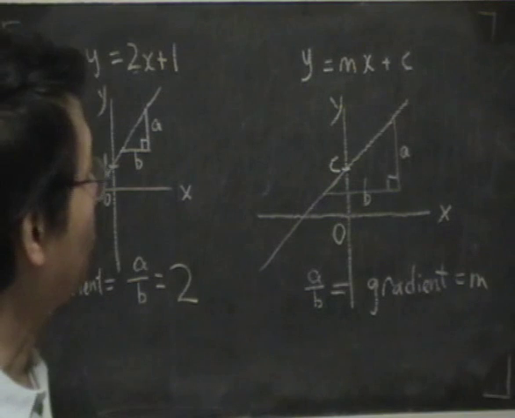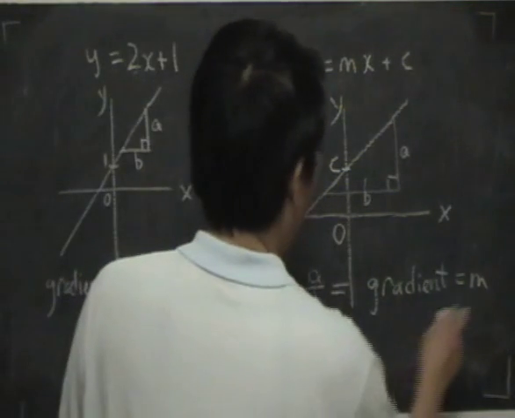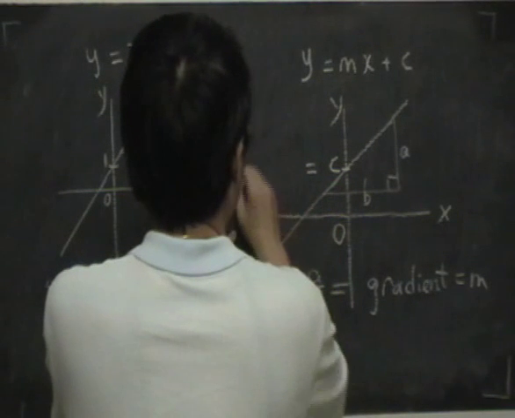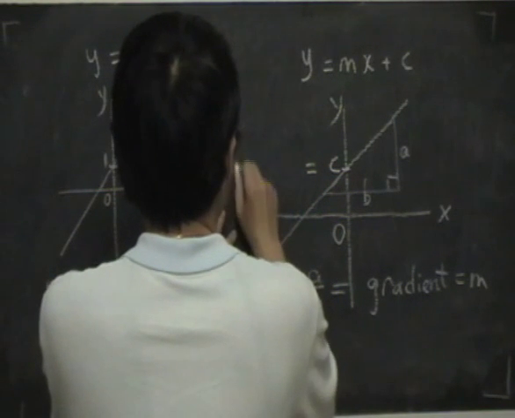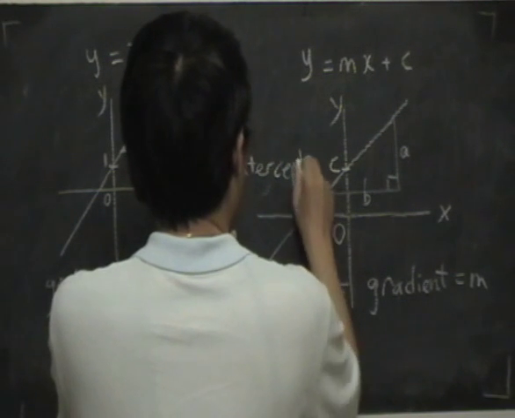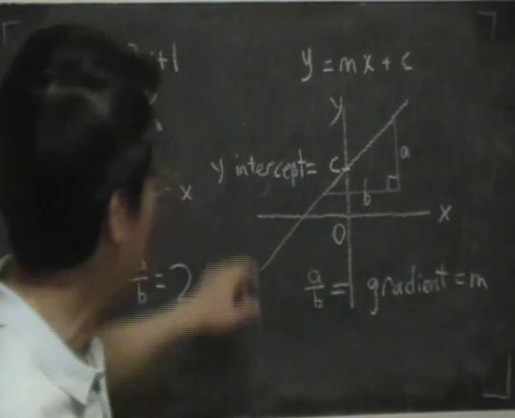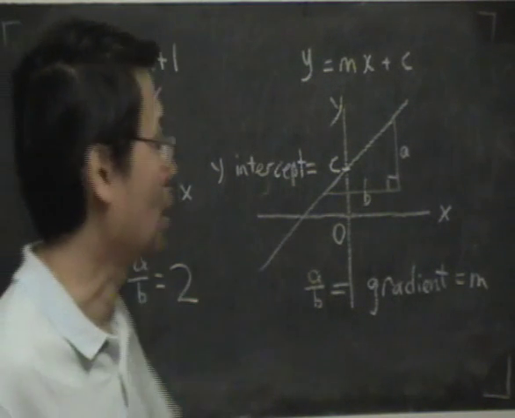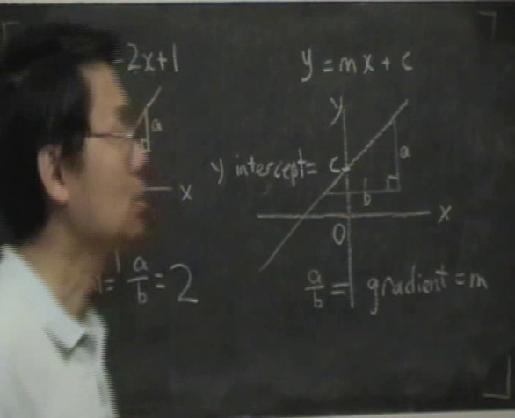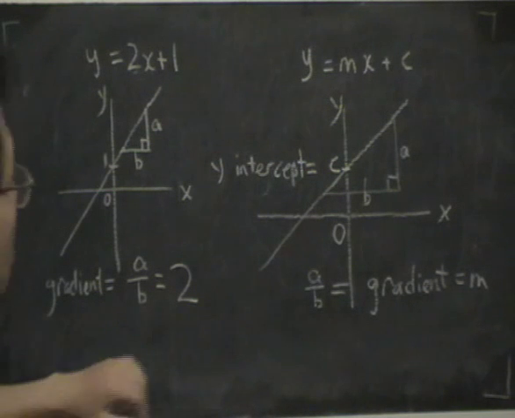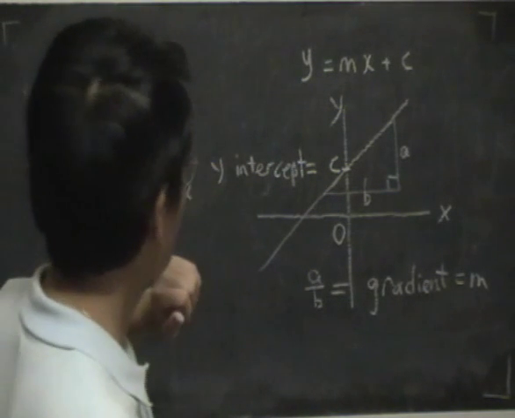Okay, and we remember that m here is the gradient and c there is the y-intercept. That's how we spell it: I-N-T-E-R-C-E-P-T, the y-intercept. Right, so that's the equation for a straight line.